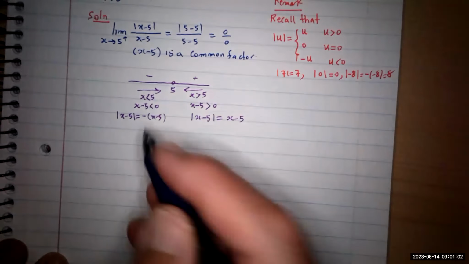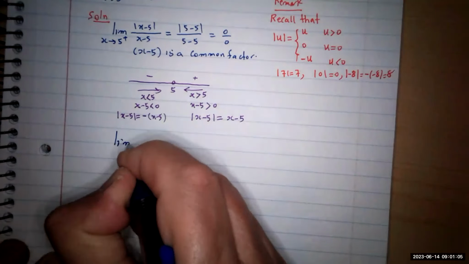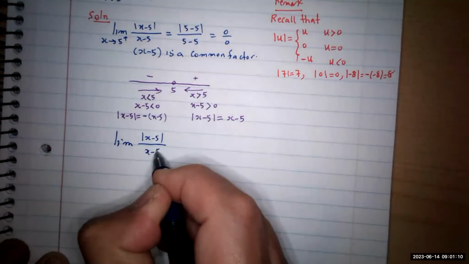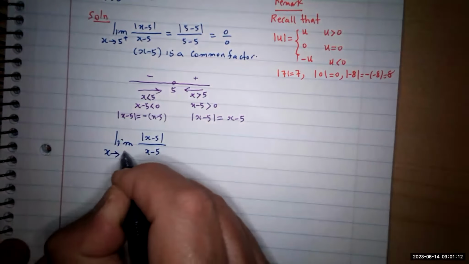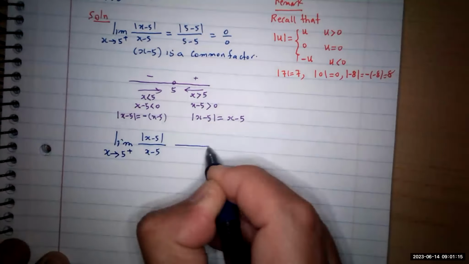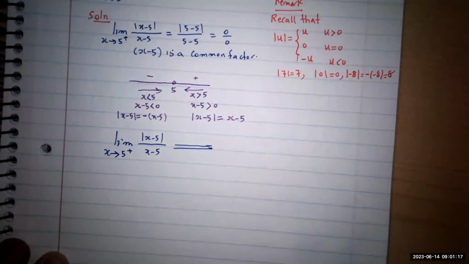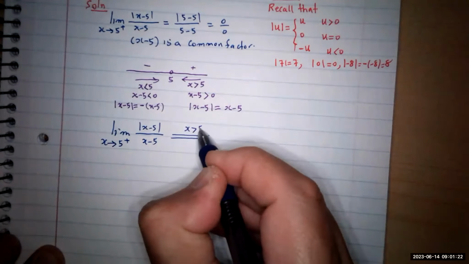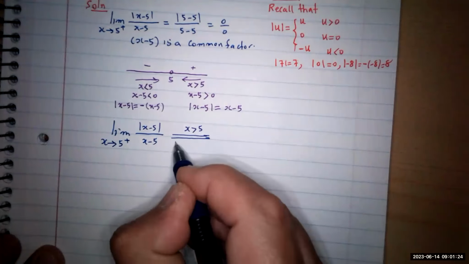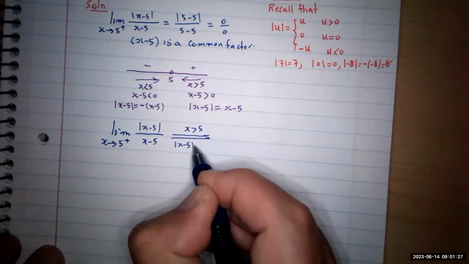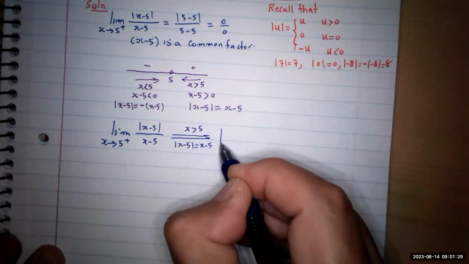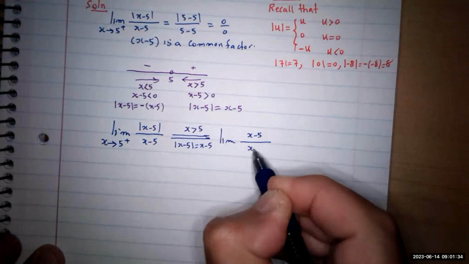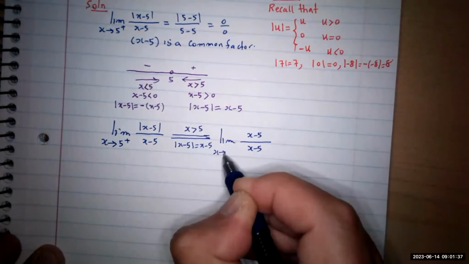So this is how we handle this graph, this limit. You don't need all these that I talk about. So the limit of the absolute value of x minus 5 over x minus 5, x goes to 5 positive. Remind yourself that x is bigger than 5. So the inside is positive, so the absolute value of x minus 5 is simply x minus 5. So it's going to be the limit of x minus 5 over x minus 5, x goes to 5 positive.